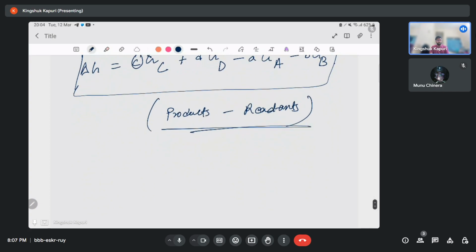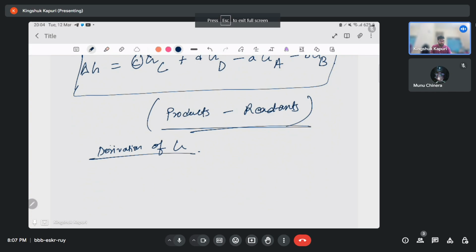So, what does the first law of thermodynamics state? The first law of thermodynamics states that energy can neither be created nor be destroyed. Sir, it is just transferred from one form to another. Exactly. Now we already know the first law of thermodynamics, right?